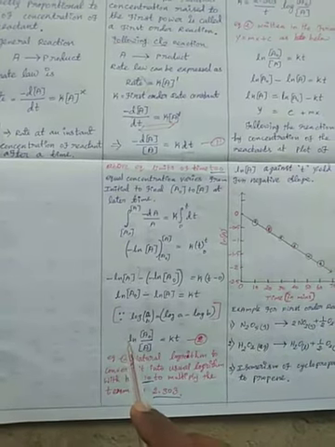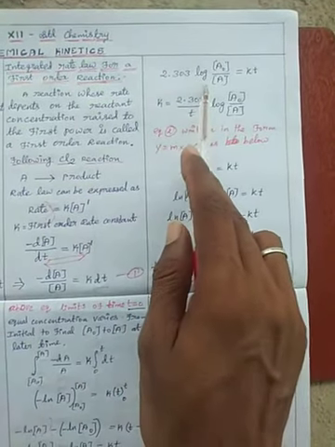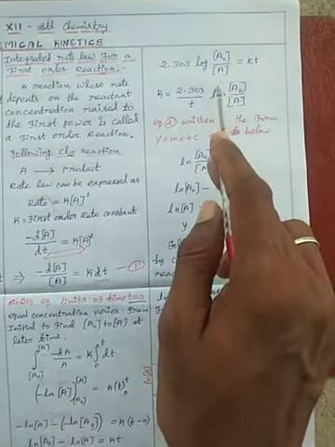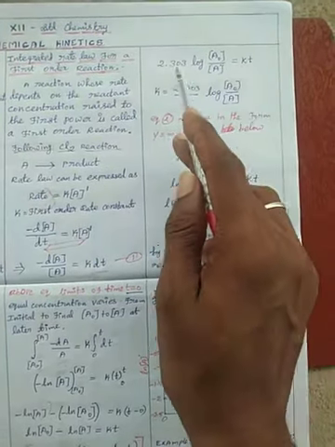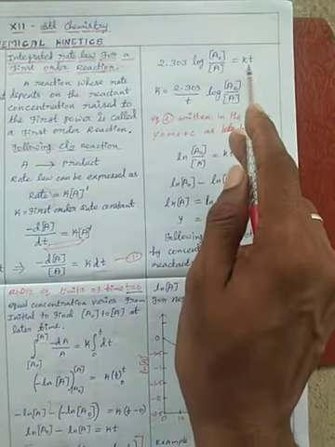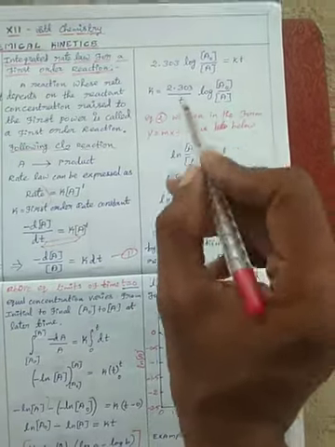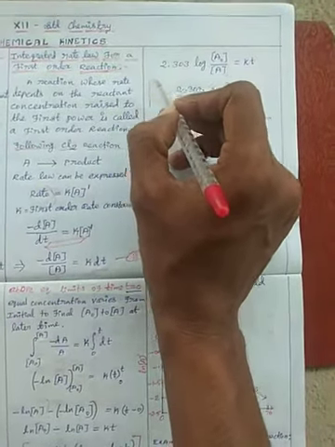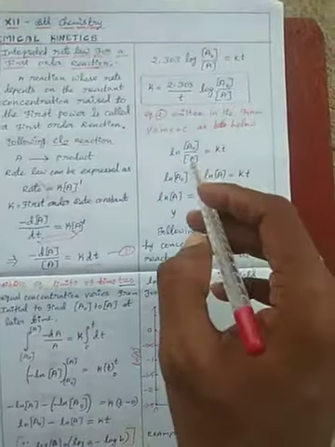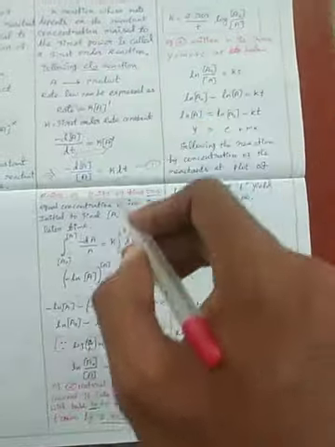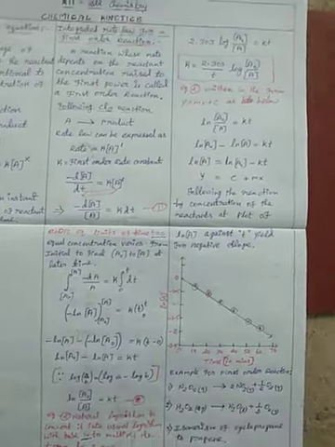So 2.303 log A naught divided by A equal to kt. To find k, t is also divided, so k equal to 2.303 divided by t log A naught by A. This is the first order equation, students. Above, equation 2: ln A naught by A equal to kt.